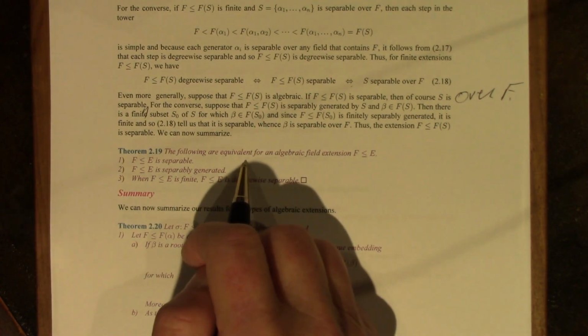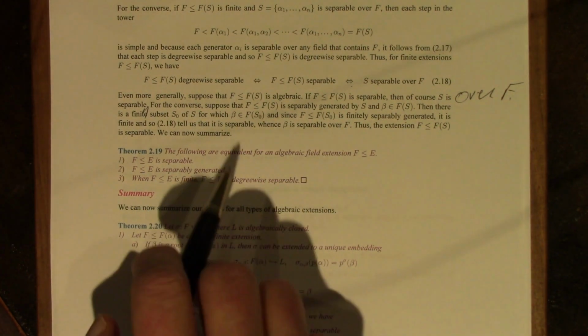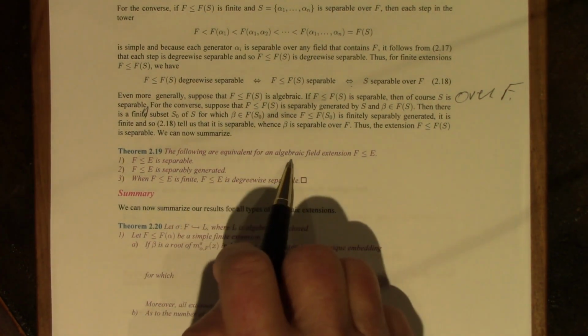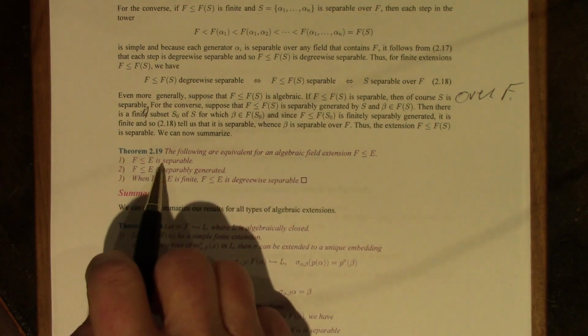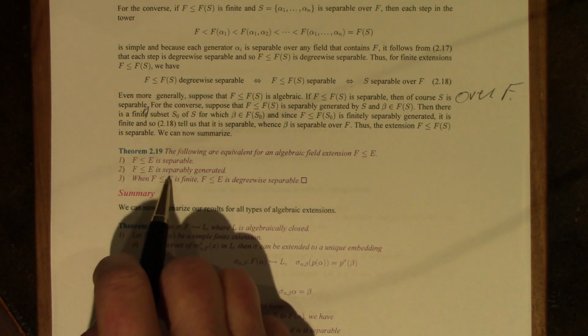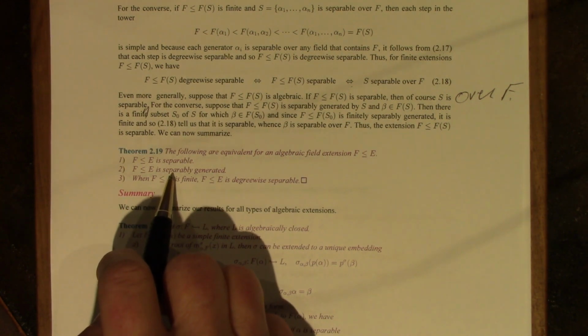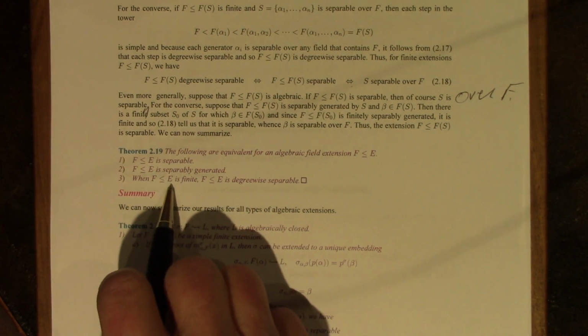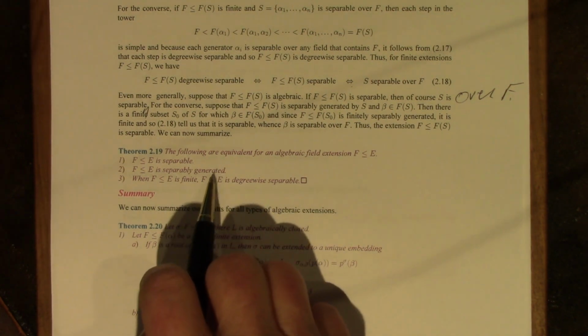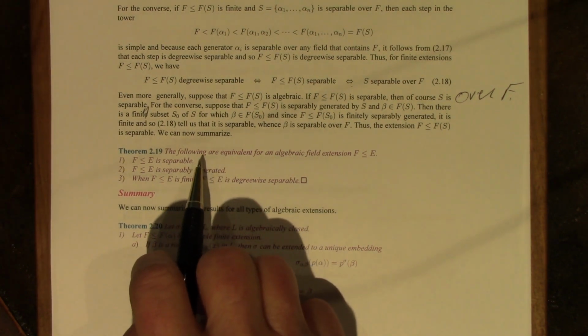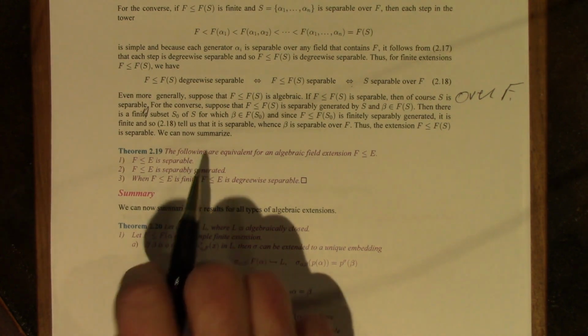And we can summarize. The following are equivalent for an algebraic field extension, E over F. It's separable, it's separably generated, and if it's finite, it's degree-wise separable. This is a remarkable result. We've done quite a bit of mathematics here.